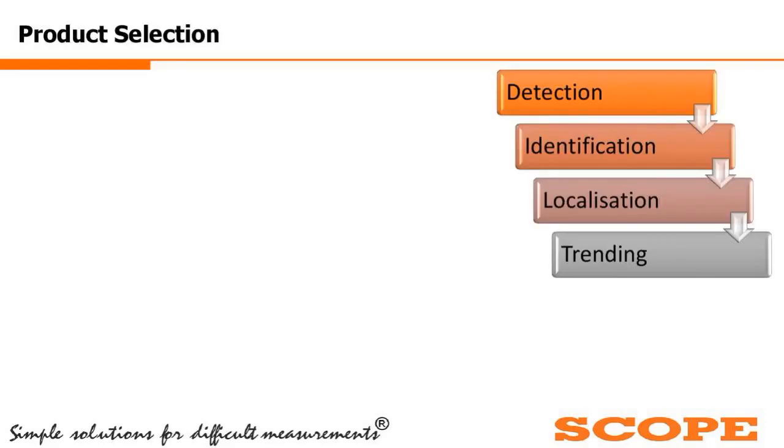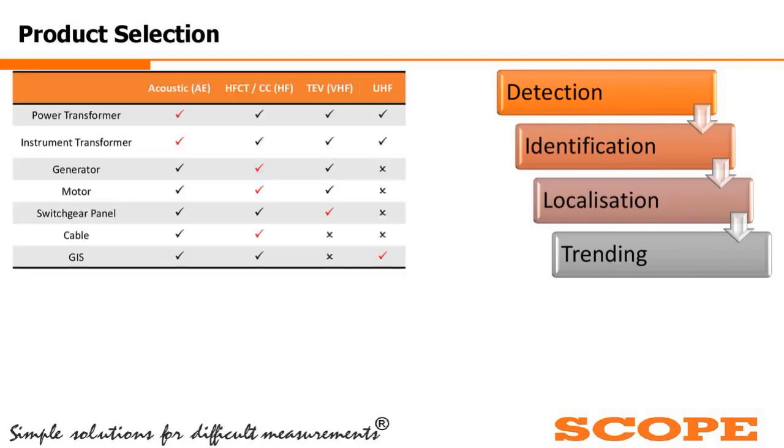Now let us come to how the product selection should be done for the PD kit for your application. As I have told you earlier, detection, identification, localization, and training are the 4 stages of PD identification. And we have also discussed this chart, which object is best tested by which method of kit.